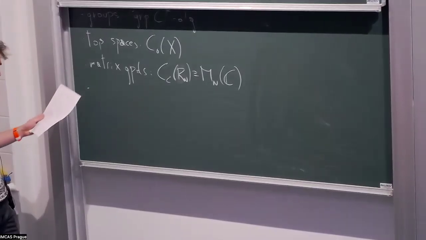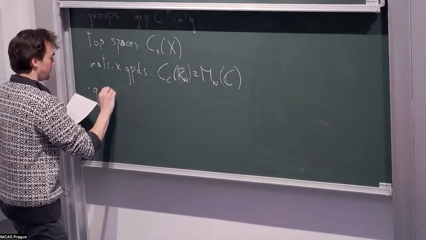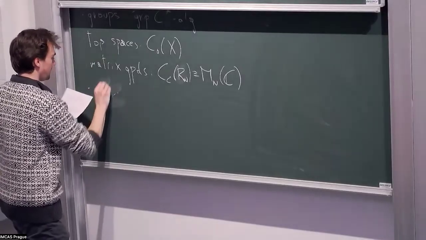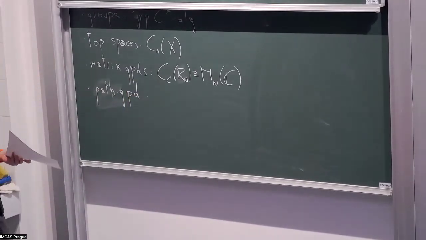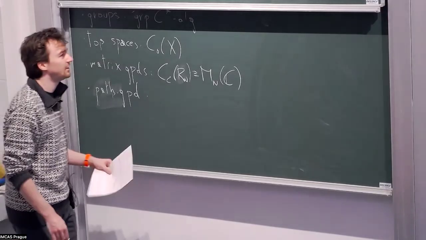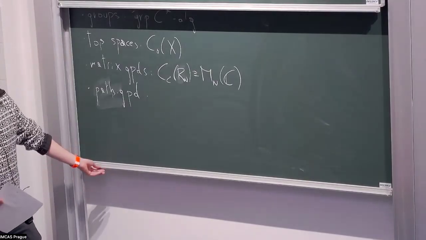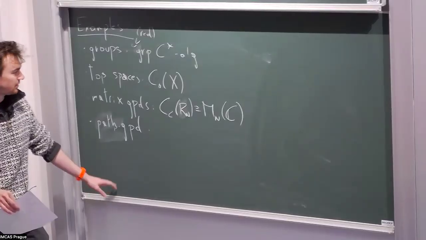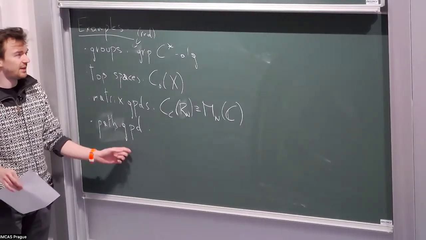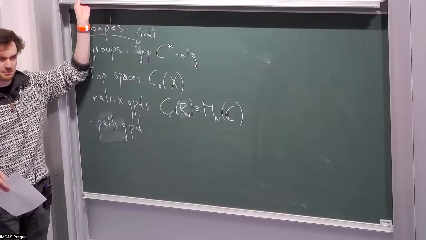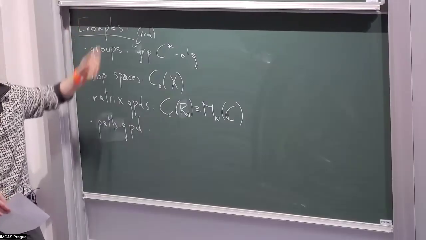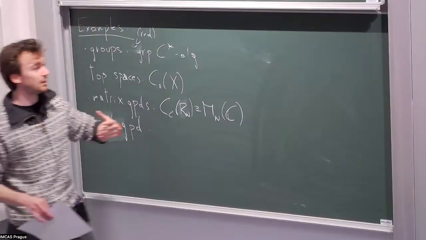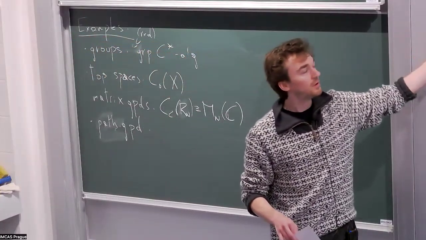And then for the path groupoids, I don't have time to give you the definition, but I guess, preceding the introduction of groupoids, already quite some time ago, people defined a C-star algebra associated to a directed graph.